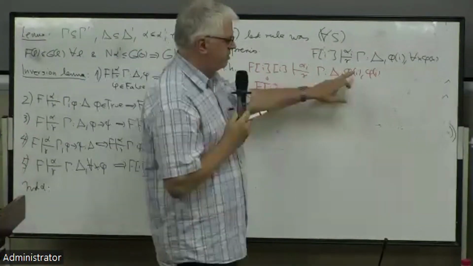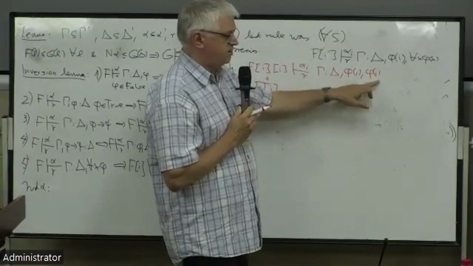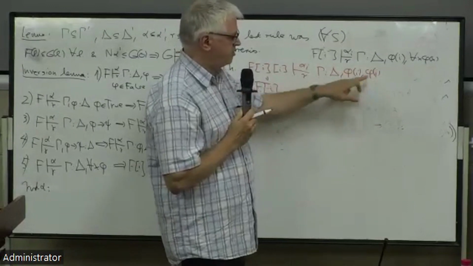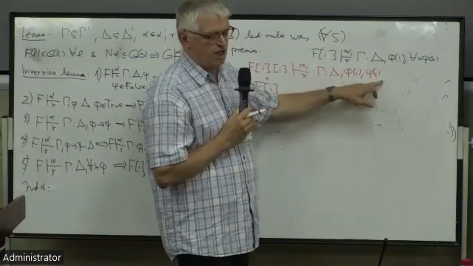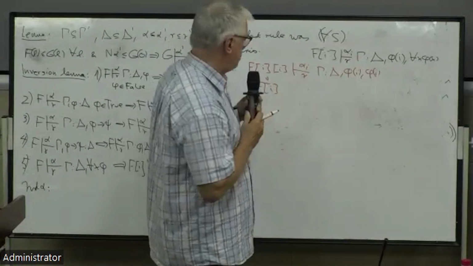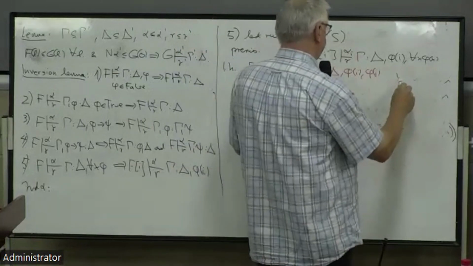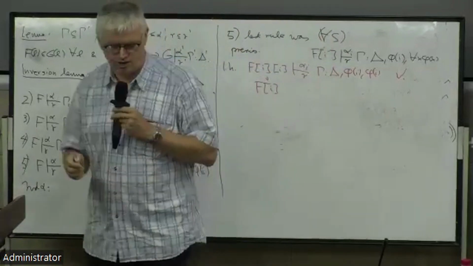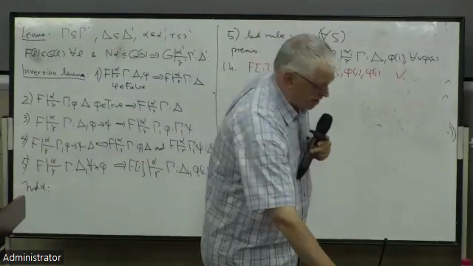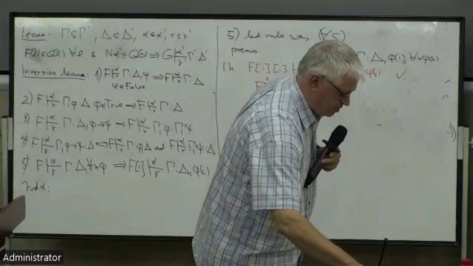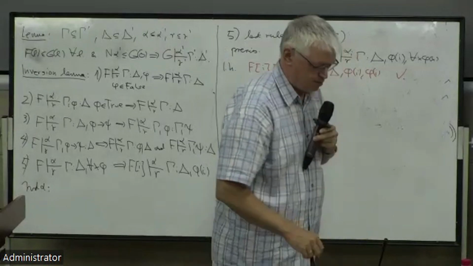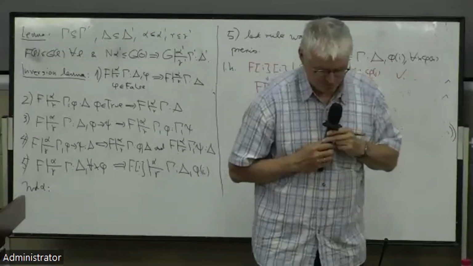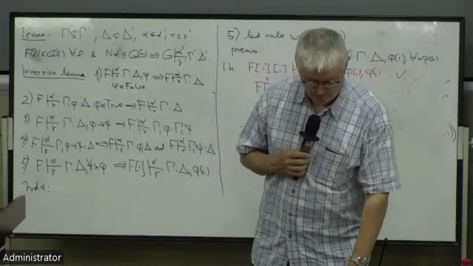And of course, on the right-hand side, in the succeedent, I have sets of formulas. So phi I, comma phi I just means phi I. So, and then we are done. But this is the point which I want to stress. If you modify the proof, here is a possible pitfall. Okay.